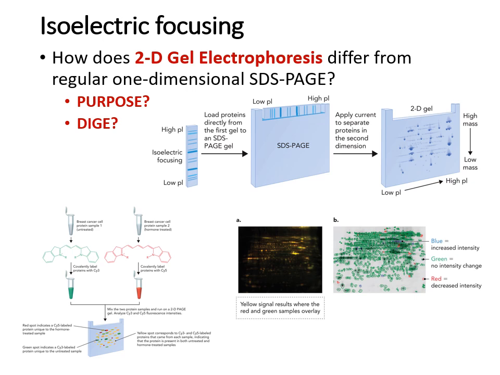Now, we also have what's called 2D gel electrophoresis. So instead of those single lanes of lines, you end up getting what looks almost like a scatter plot of specks everywhere.